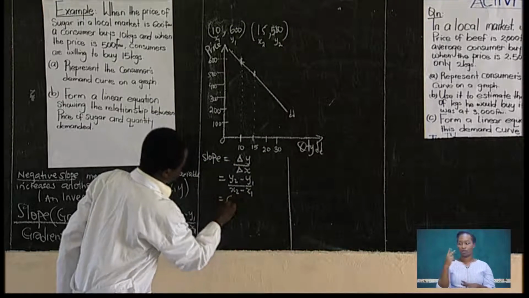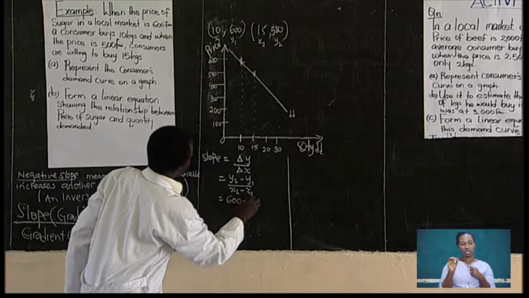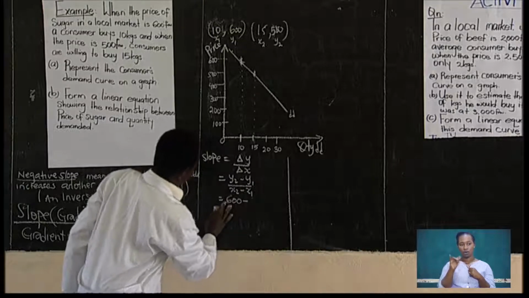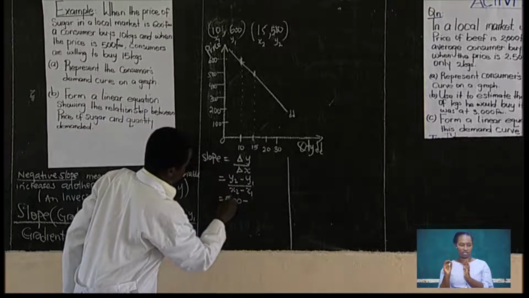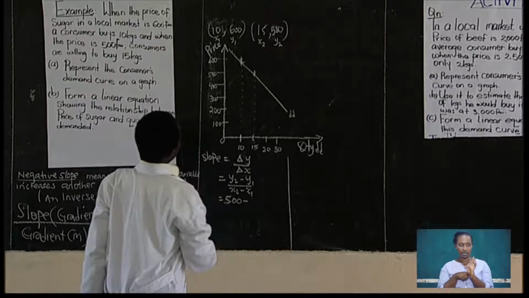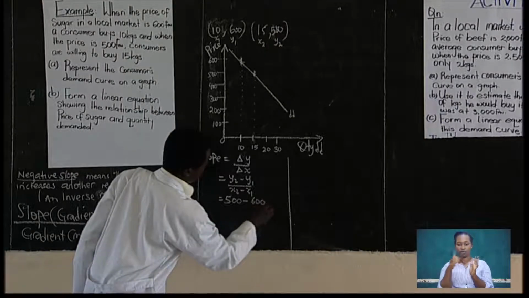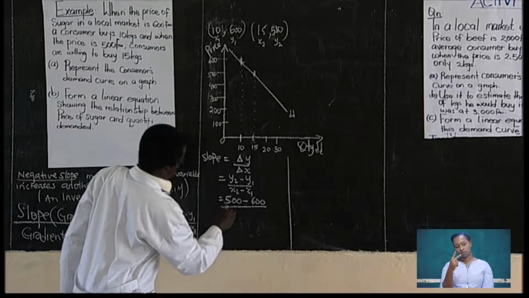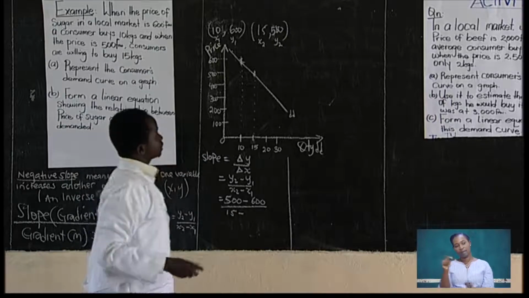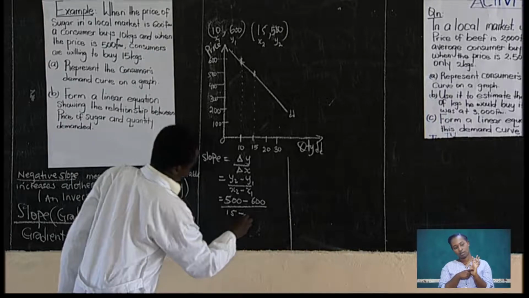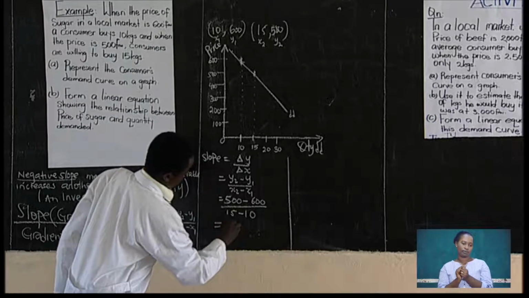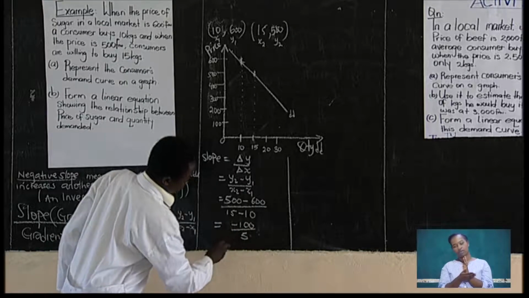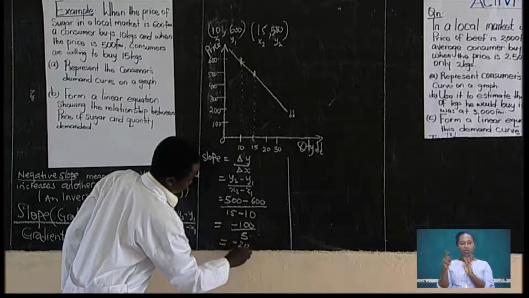Our y2 is 500, minus our y1, which is 600, over x2, which is 15, minus x1, which is 10. So in this case, you will get negative 100 divided by 5, and this gives you negative 20.